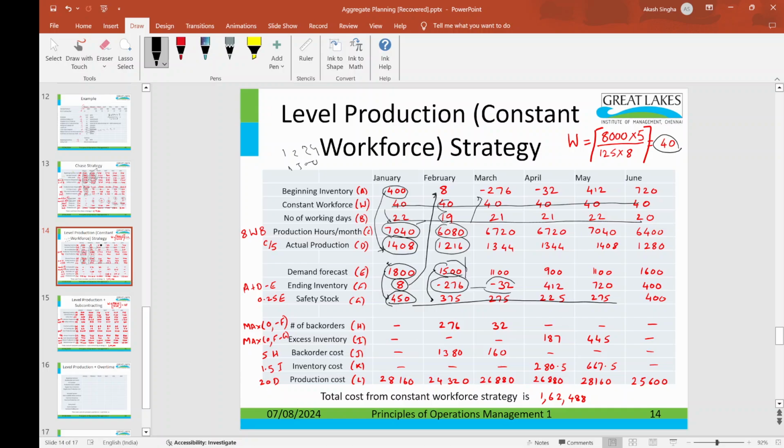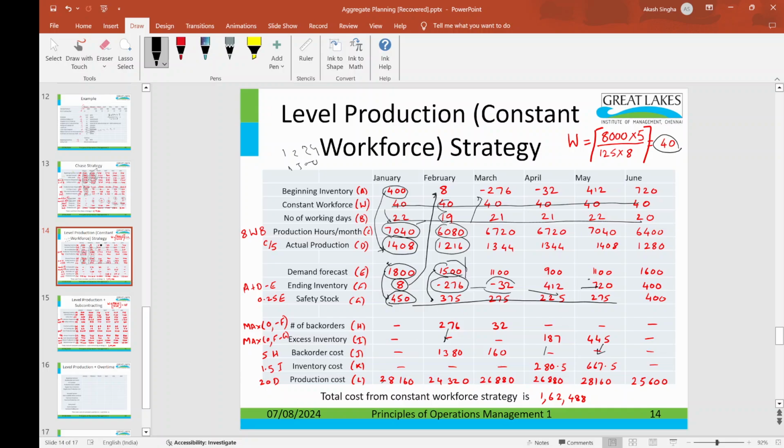Excess inventory is when the ending inventory is greater than safety stock, which is happening at this point and this point, and here both are the same. So the difference is the excess inventory. Now back order cost is 276 into 5, and inventory cost is 1.5 into 187, 445 into 1.5. Now, how much production cost will there be?